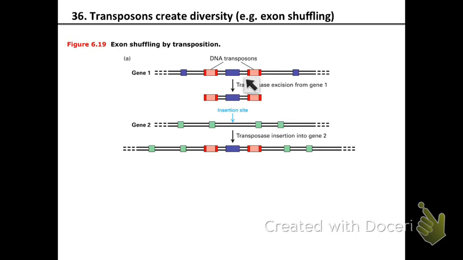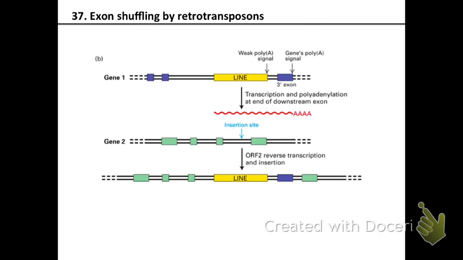What it will do is excise that whole DNA fragment containing the 2 transposons and the exon in between them. And the transposase enzyme actually doesn't know any better. What it will do is take that DNA and insert it into a new site. And if it happens to be inside a gene that has a very long intron, and we know genes contain lots of long introns, then you basically shuffled in a new exon, right?